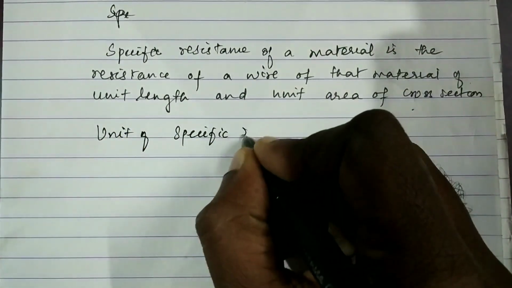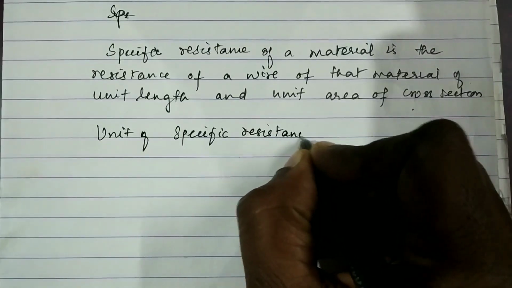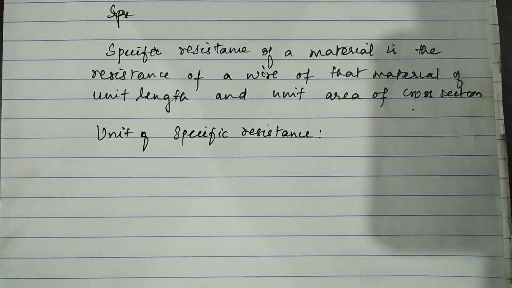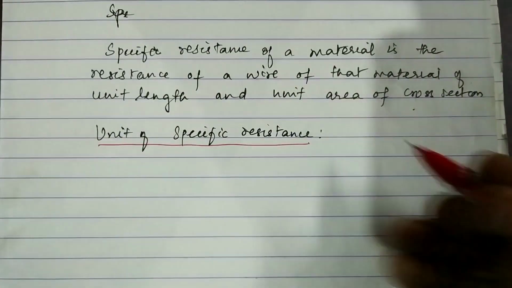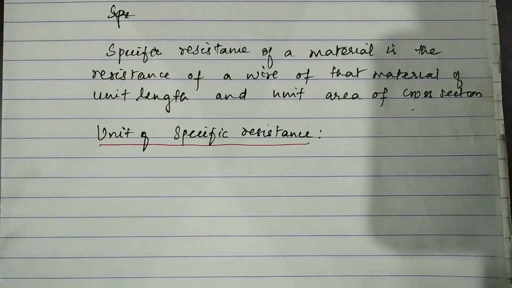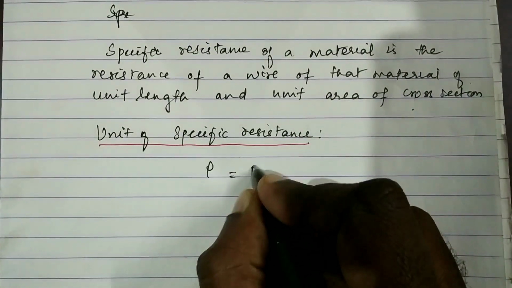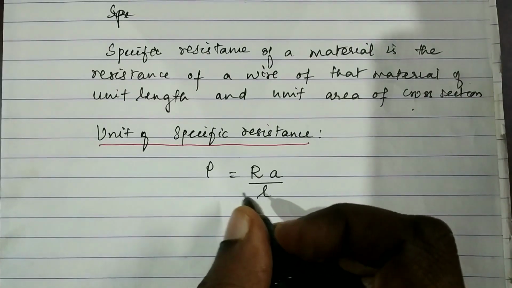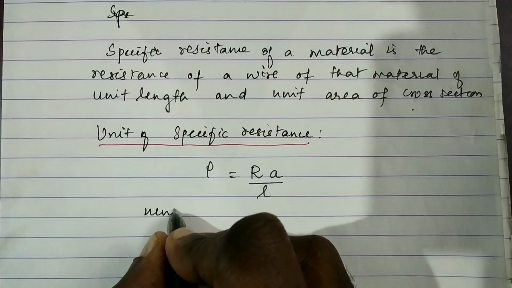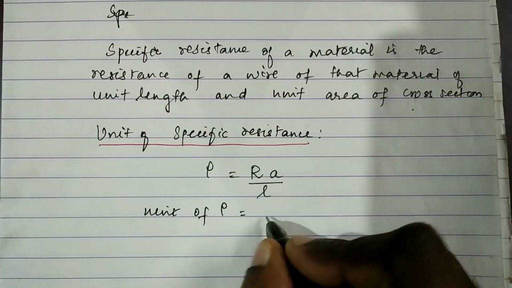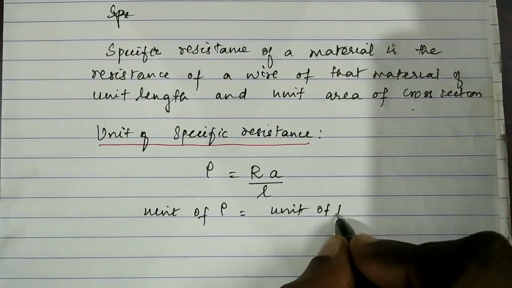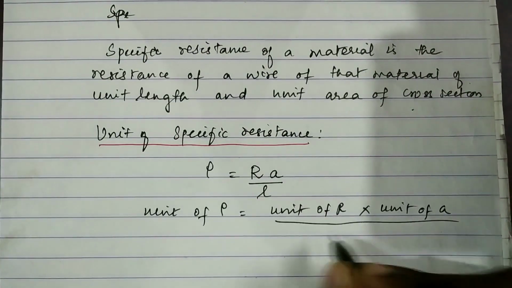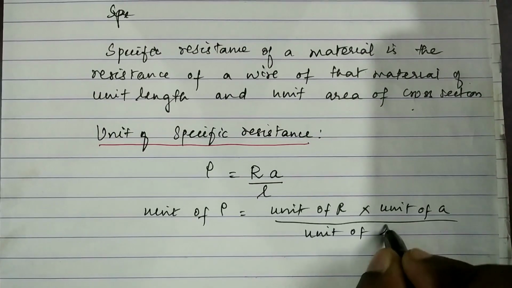Now we can find out the unit of specific resistance, otherwise called resistivity. How to find the unit of specific resistance? We know rho is equal to RA by L. So the unit of rho will be unit of R into unit of A divided by unit of L, right?